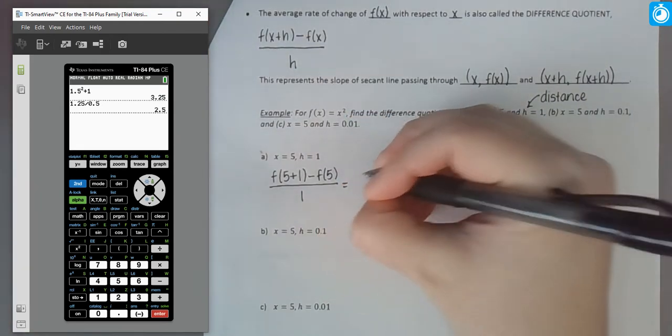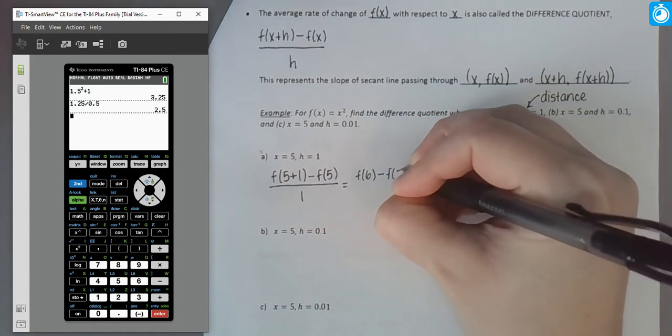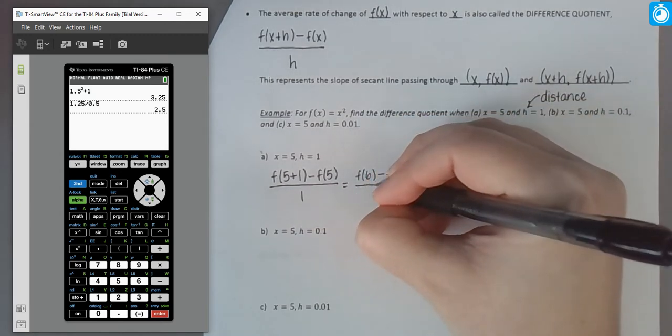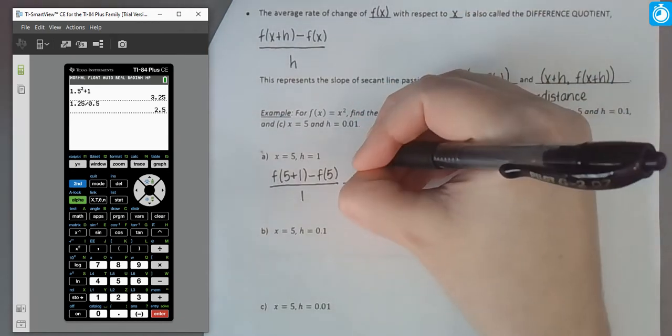So that's really going to be f of 6 minus f of 5 divided by 1. So again, we need these two function values in order to evaluate this expression. I'm going to go out to the side, I'm going to find those.